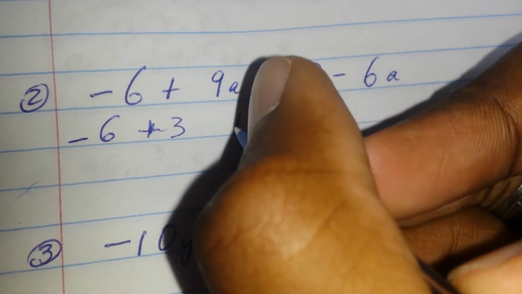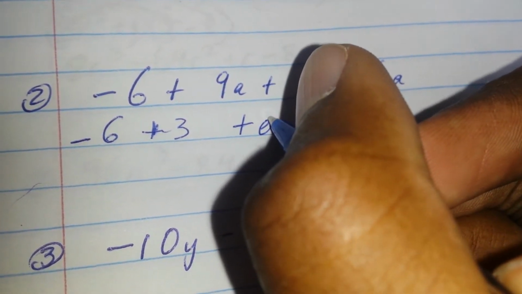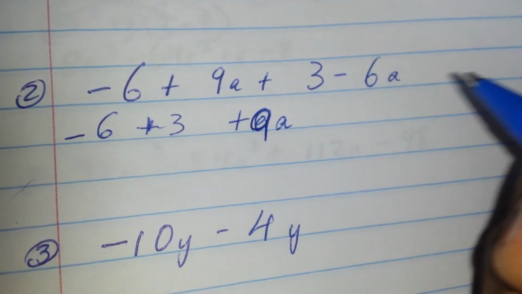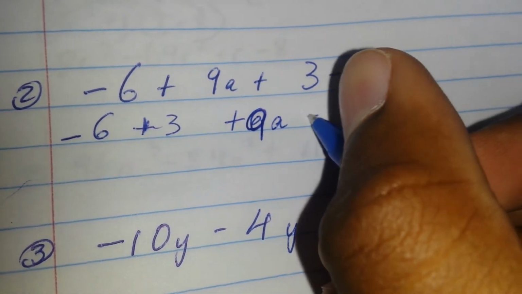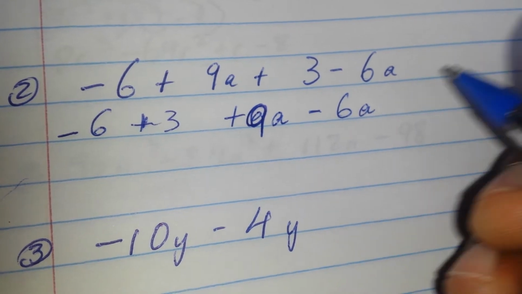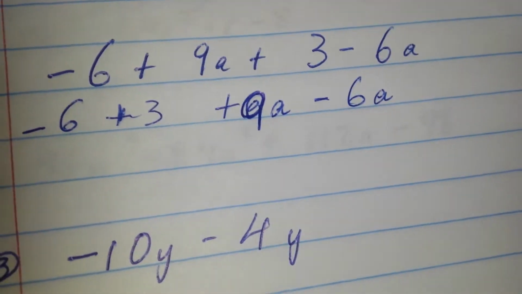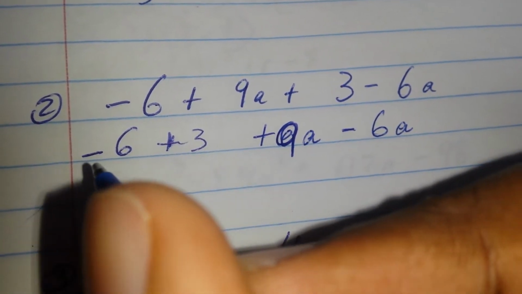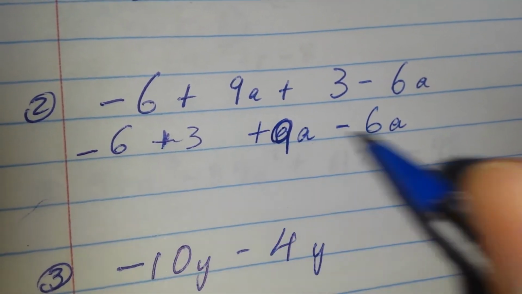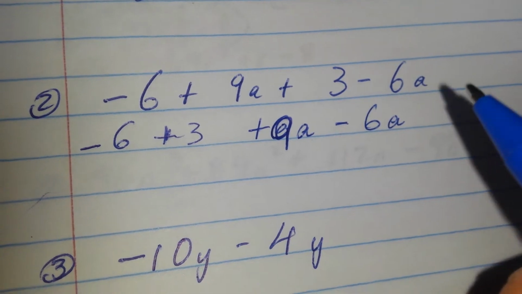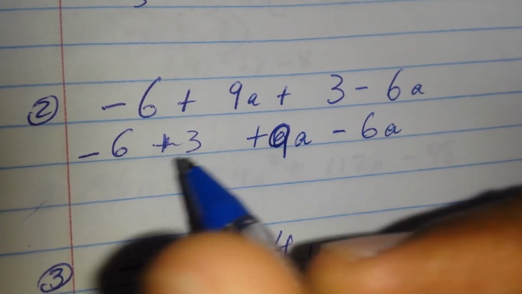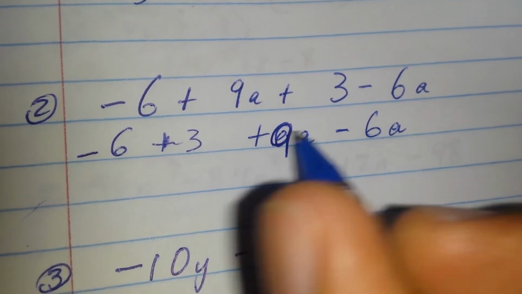Alright, so plus 9a, sorry about that, plus 9a minus 6a, right? This is still one algebraic expression. We just put them in our order. If you can't do it mentally, then do this line here, right?